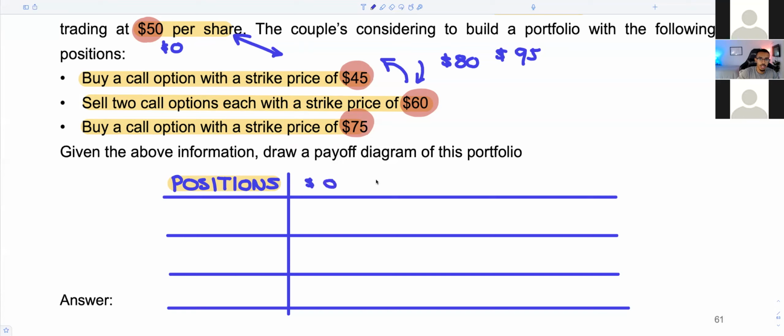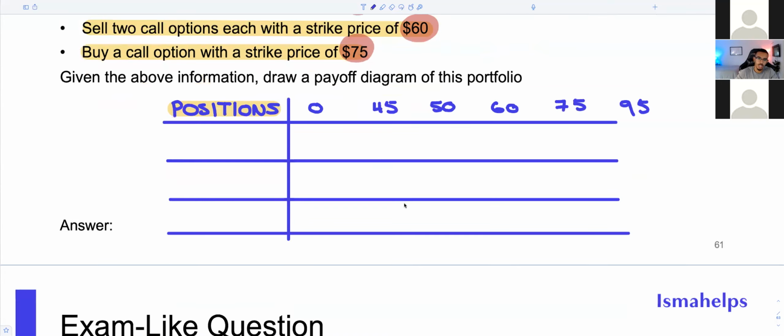We're going to have zero, 45, 50, 60, then 75, then we could add 95. All right, so we have all of the different prices that we could have.